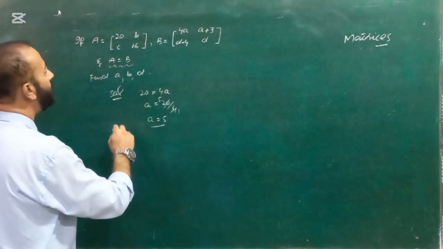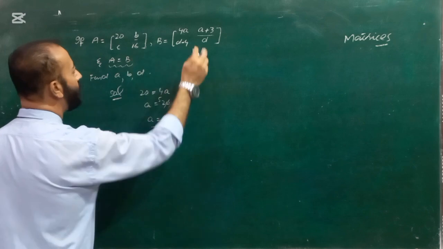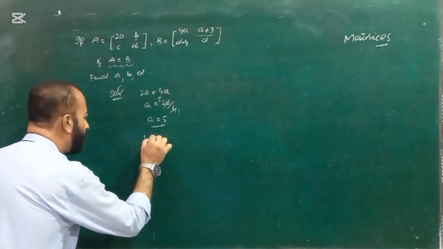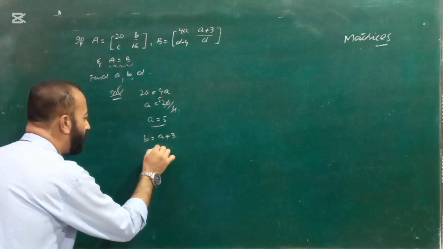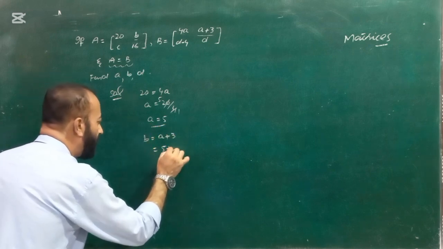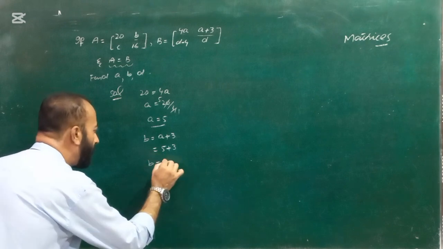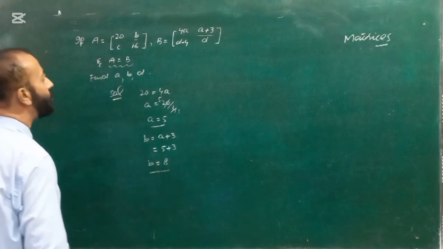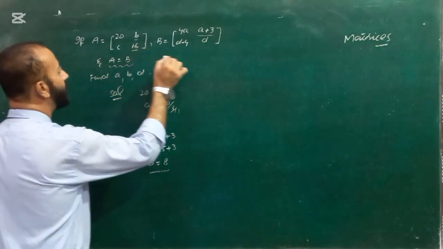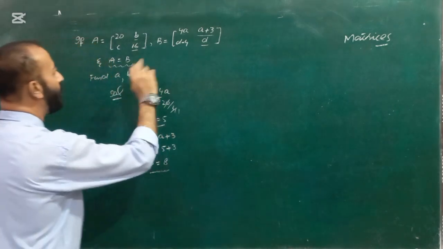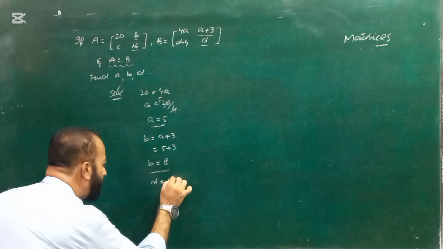Next, you can see the second element should be equal to the second. So B is equal to A plus 3. Because A is now 5, 5 will be put in place of A, plus 3 remains the same. So B is equal to 8. So B is also done. Now we compare the last element, that is the fourth element in both matrices. 16 is equal to D. So from here you can see D is equal to 16.